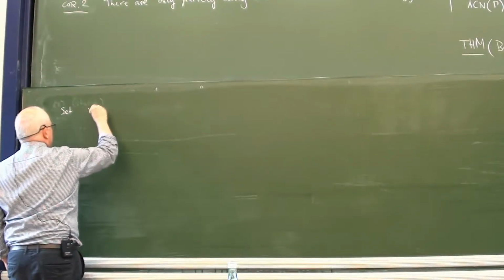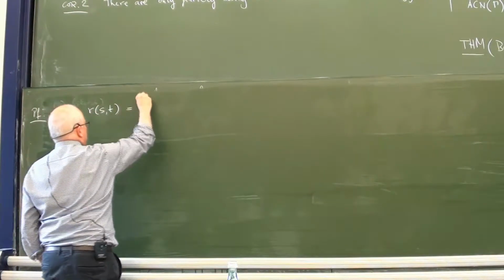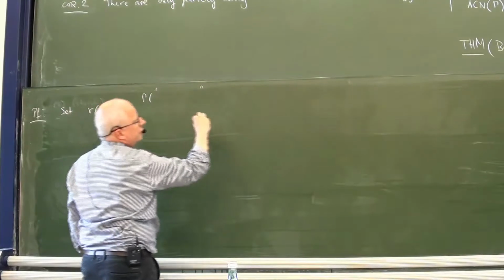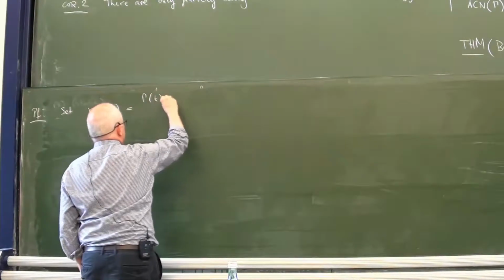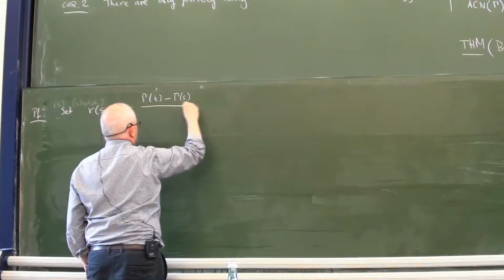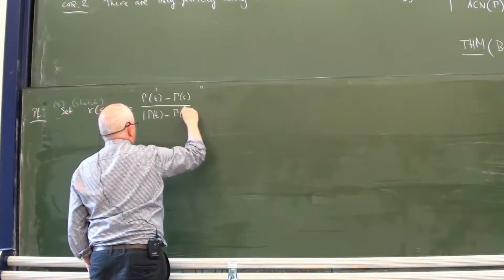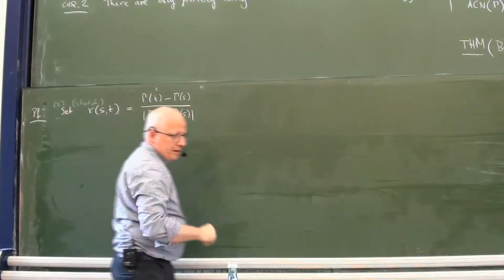So R_ST will be the unit vector, gamma of t minus gamma of s, over the norm of gamma of t minus gamma of s.